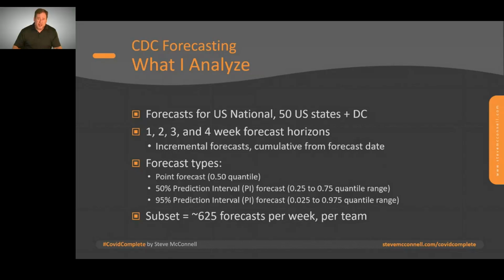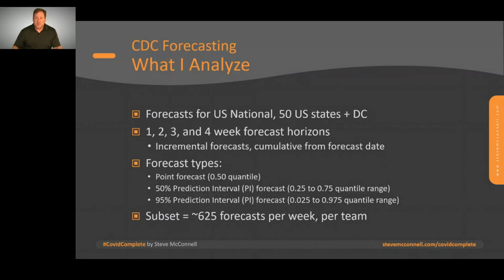What I analyze is a subset of this forecast data: the U.S. national forecast, the 50 states plus DC, and the 1, 2, 3, and 4 week forecast horizons, but I only look at the incremental forecast, not cumulative from the beginning of the pandemic, but from the date of forecast.